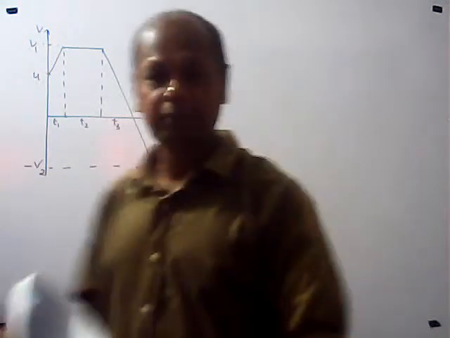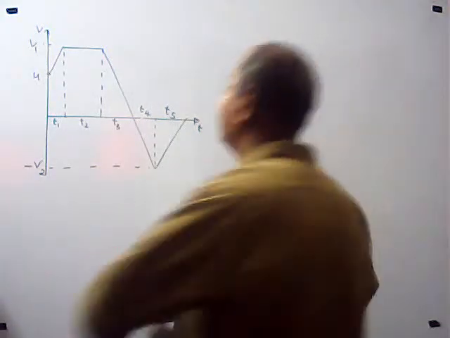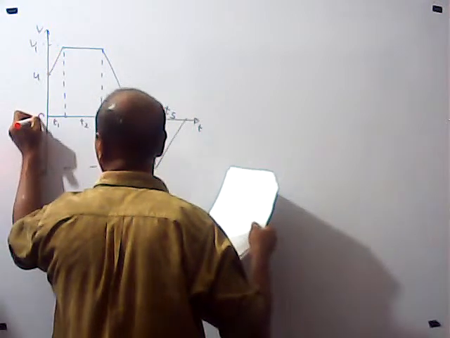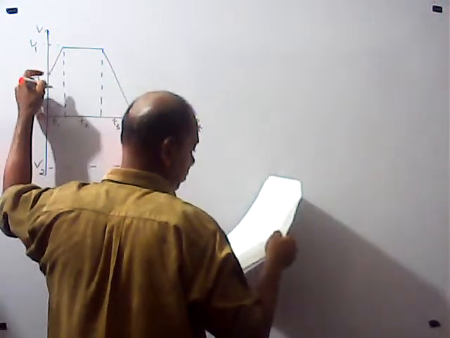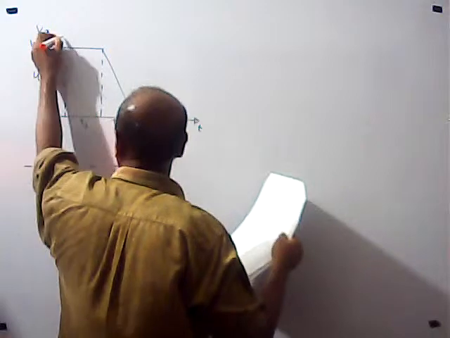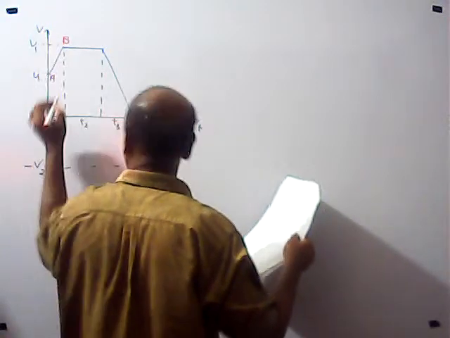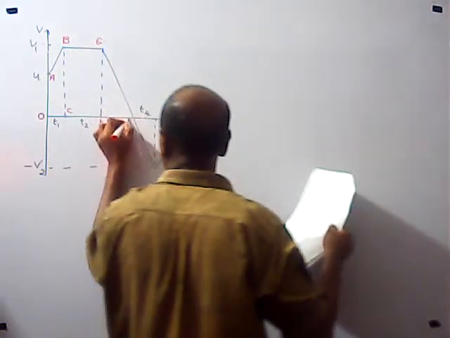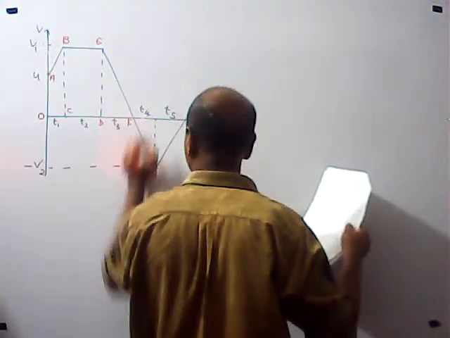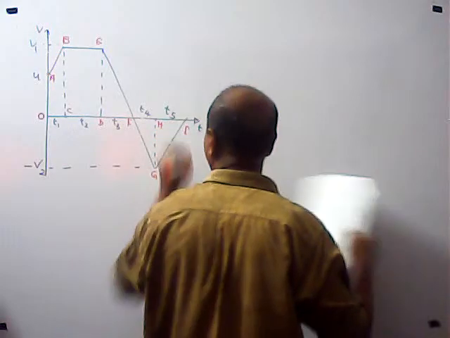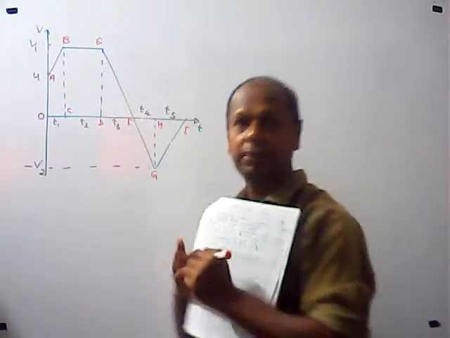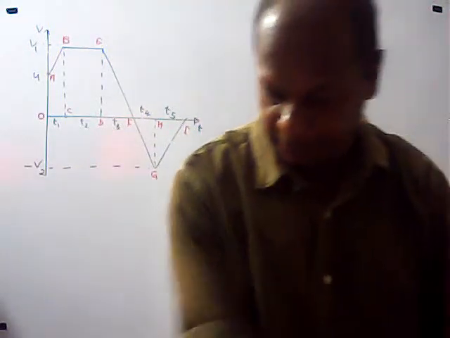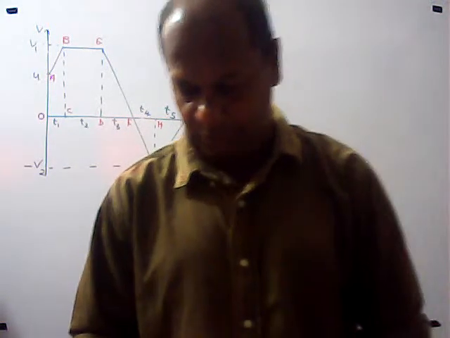And we name the vertices of these geometric figures, polygons, O, A, B, C, D, E, F, G, H, I. That's the diagram given. And we have to find first the distance traveled in each time interval, T1, T2, T3 up to T5.